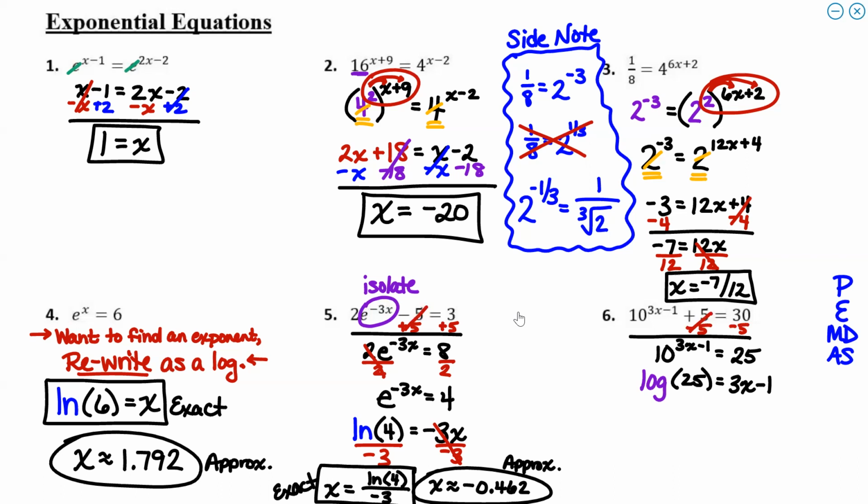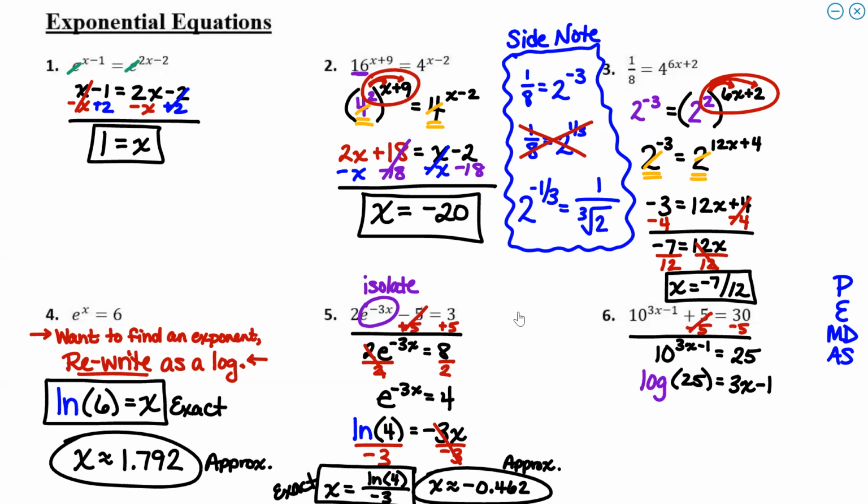What do I have going on here? Do I have any constants? Yes. Do I have any exponentials? How many? Can I combine them together? No.